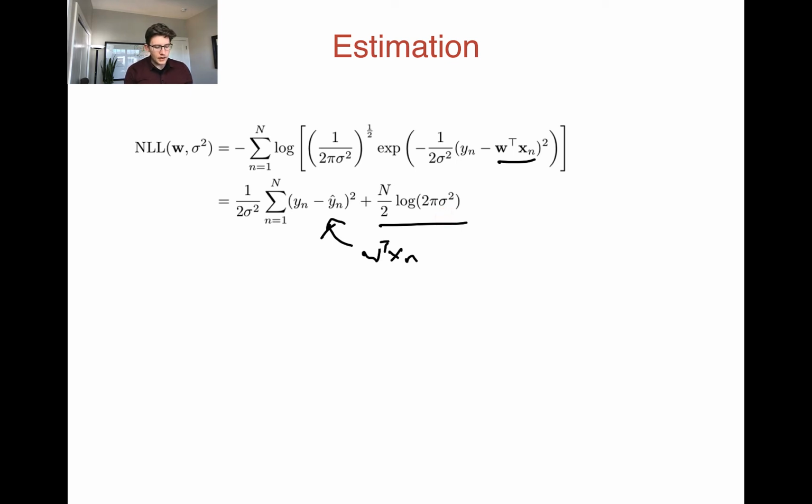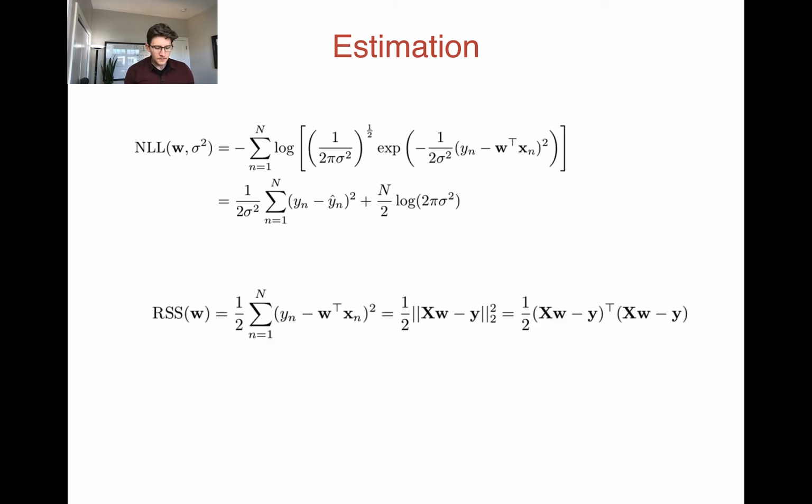So if we're looking to optimize our w, the only term that matters is this one. That term here is sometimes called the residual sum of squares, which is, note that this is the same term here. We've thrown away the sigma squared factor and also this term here. So this we can write like this.